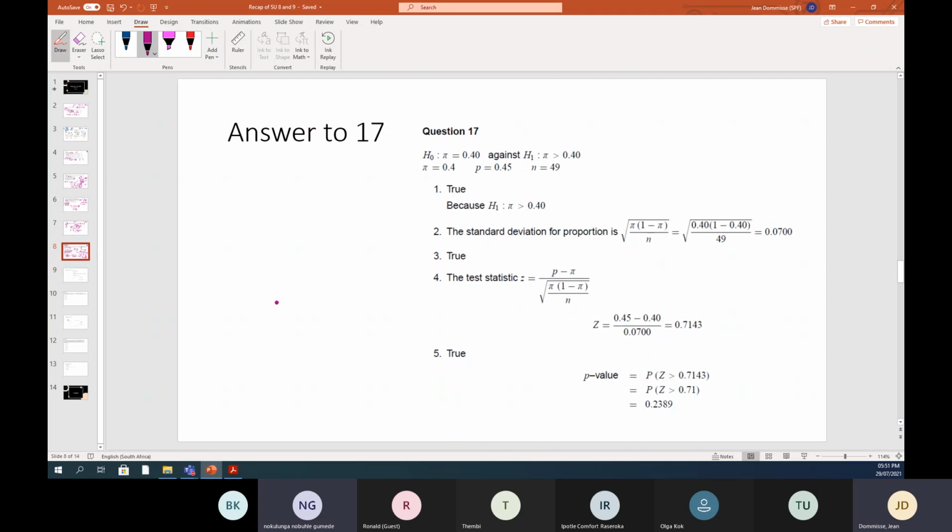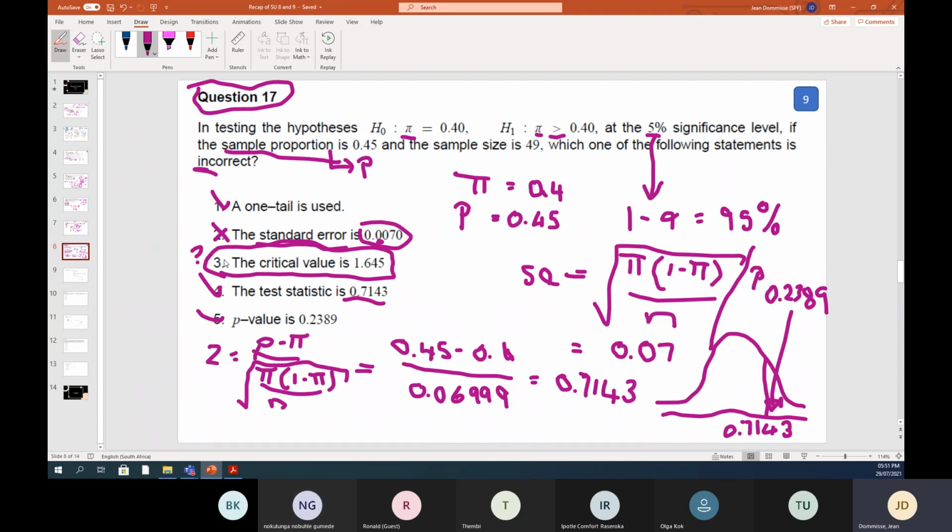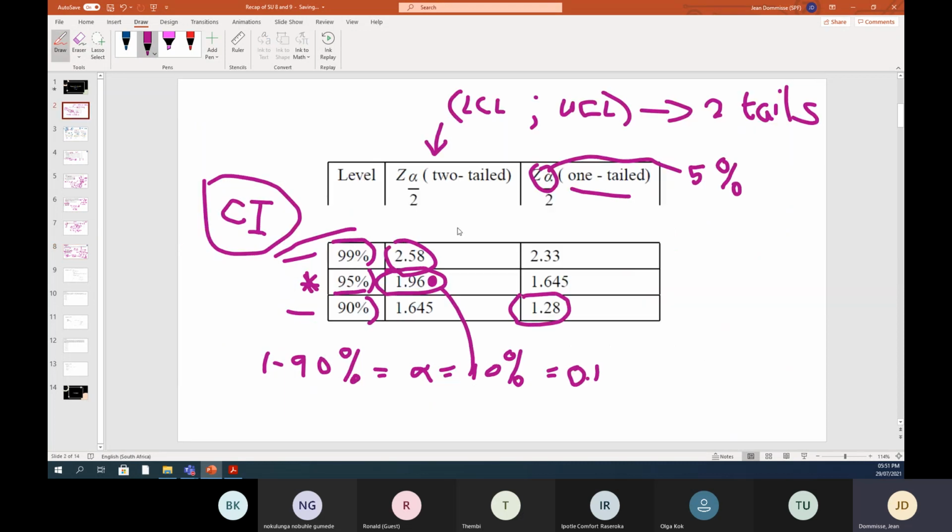So let me just check. So that one they say is true. So at the 5% level, why am I reading this? I'm reading it wrong.